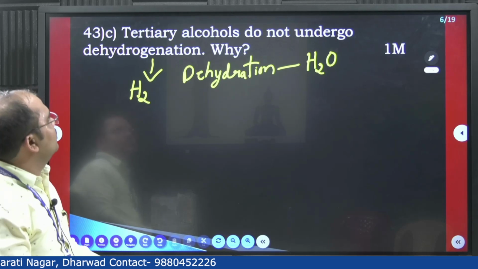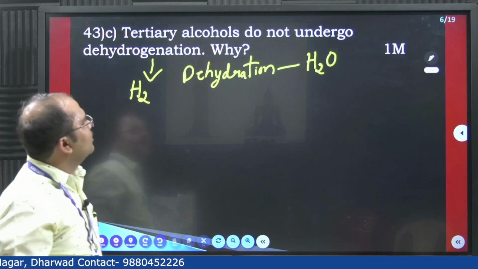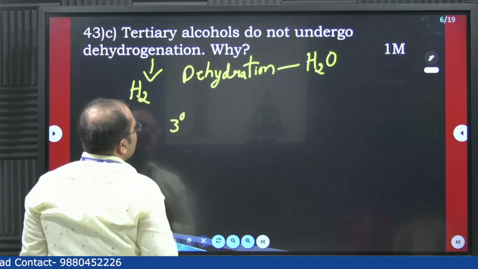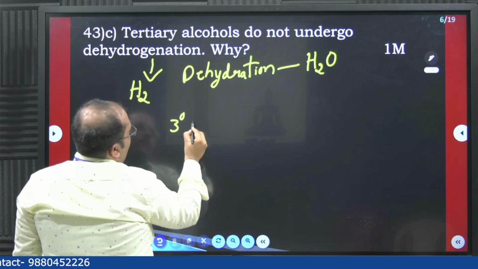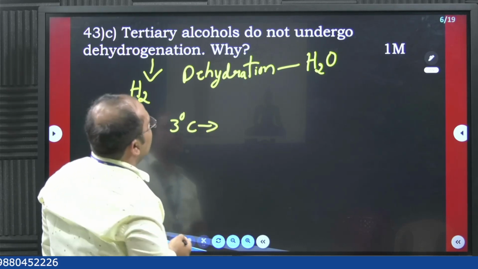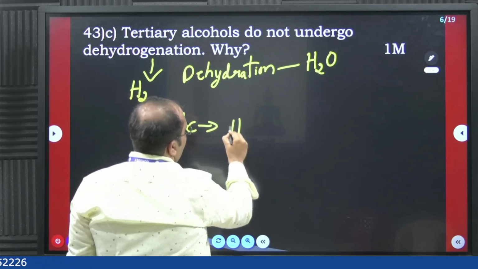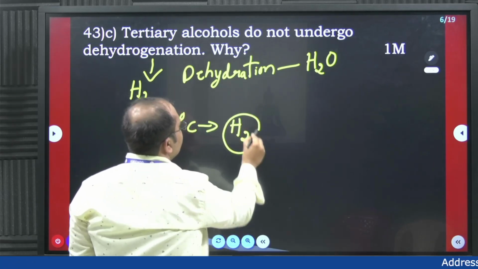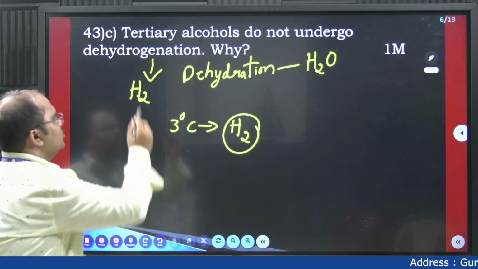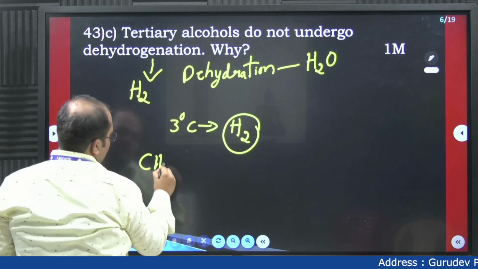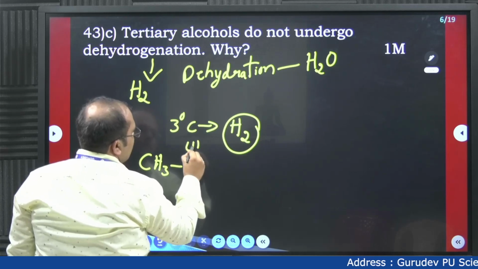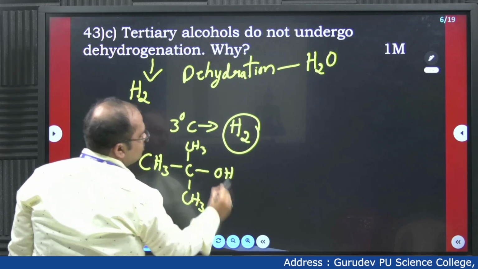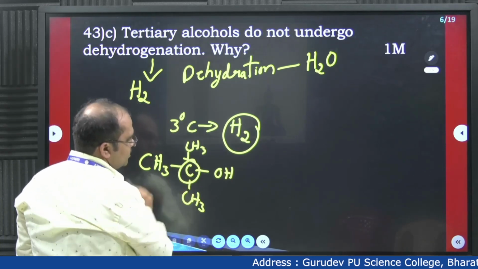Now the question, why do tertiary alcohols not undergo dehydrogenation? Because they do not have hydrogens on the tertiary carbon atom. For example, here the OH group is present on this tertiary carbon atom.